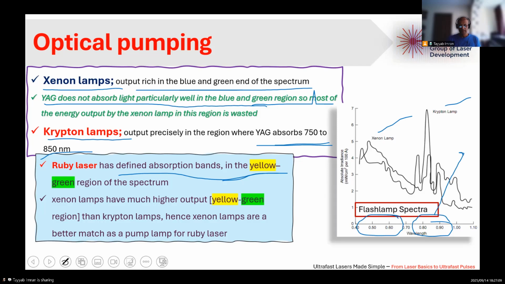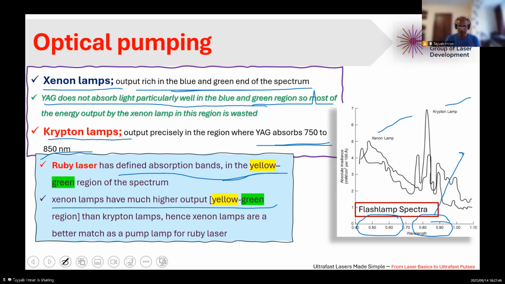Why? The ruby laser's absorption band is in the region of yellow and green, from 500 to 600 something like this. The xenon lamp has much higher output in the yellow and green portion. Blue, green and yellow are not very far from each other. Orange also comes in it.